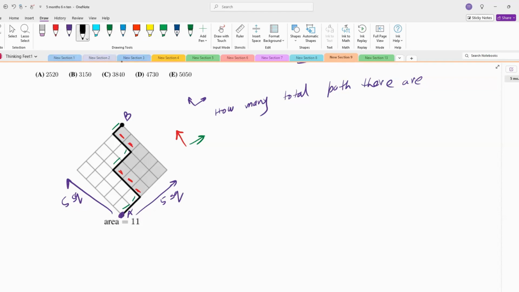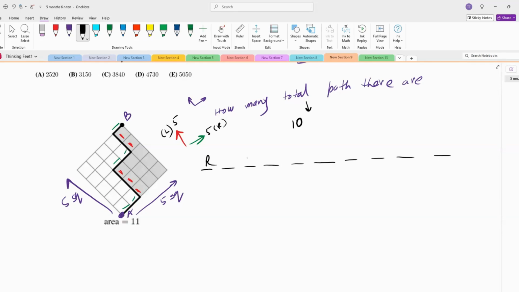So essentially, I have 10 total steps that I take, 5 in this direction, 5 in that direction. Let's say I have those 10 steps here: 1, 2, 3, 4, 5, 6, 7, 8, 9, 10. Let's call this movement right and this movement left.